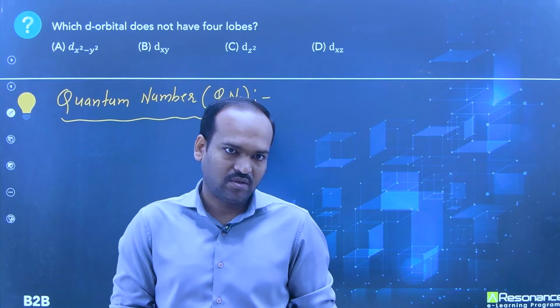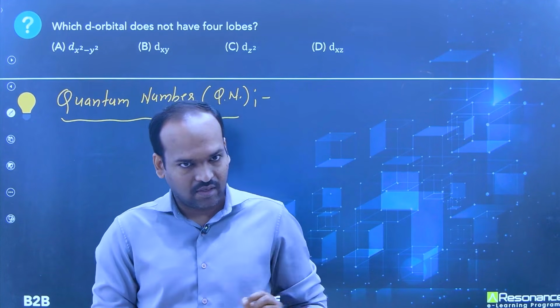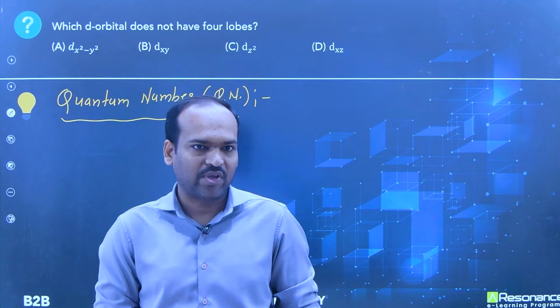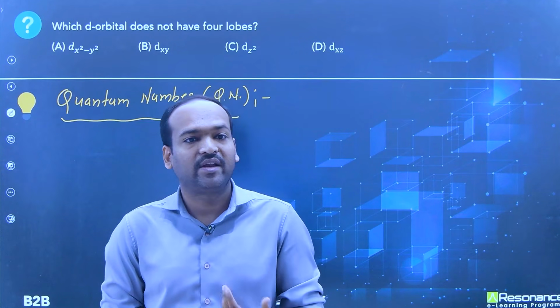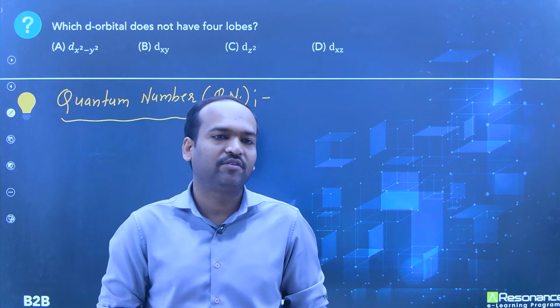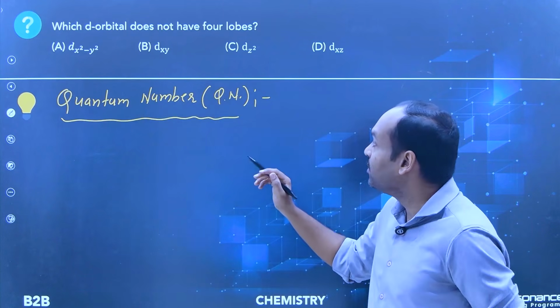The electron revolves around the nucleus, and it also spins on its own axis. Due to this, it creates a magnetic field. So we'll discuss the stability of the electrons, the stable configuration.